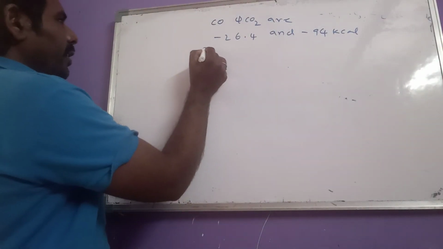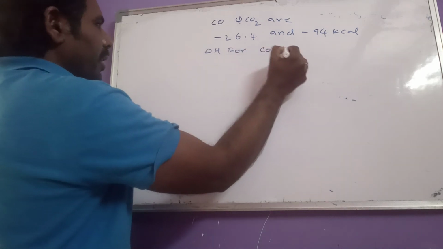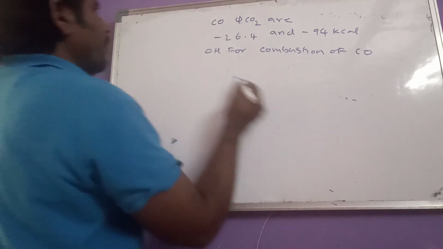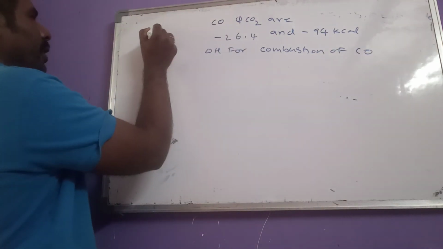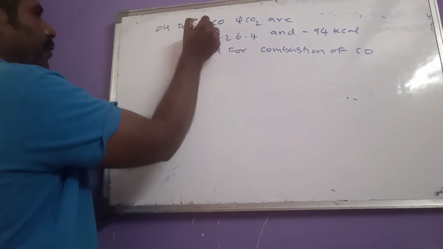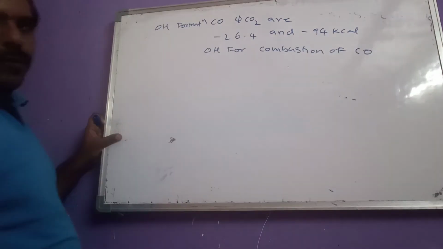What is delta H for combustion of CO? So these are the delta H of formation values, and we need to determine the heat of combustion of CO.